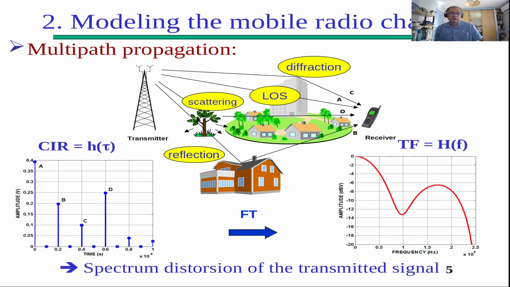So this is typically what we call a channel impulse response, and it depends on the variable tau. If you take the Fourier transform and you look at what happens in the frequency domain, you see the figure on the right, and you see that it's not flat. If you transmit something over this channel, the different frequencies of your spectrum are going to be distorted differently. So what we can see here is a spectrum distortion of the transmitted signal.